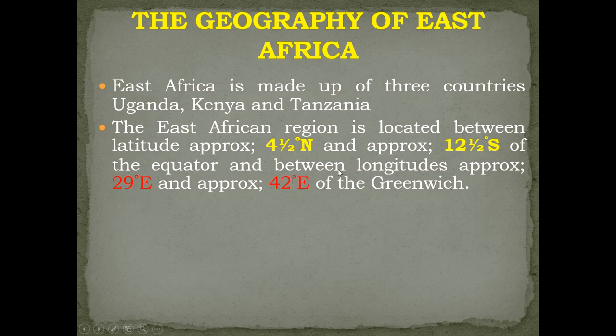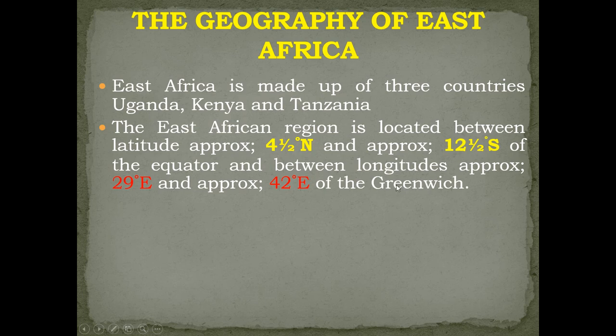Then when you look at the west, we have the longitudes, and East Africa is located between longitudes approximately 29 degrees east. Look at the western part of Uganda and Tanzania. There is that vertical line, which is in the west. So it is approximately 29 degrees east and approximately 42 degrees east of the Greenwich.